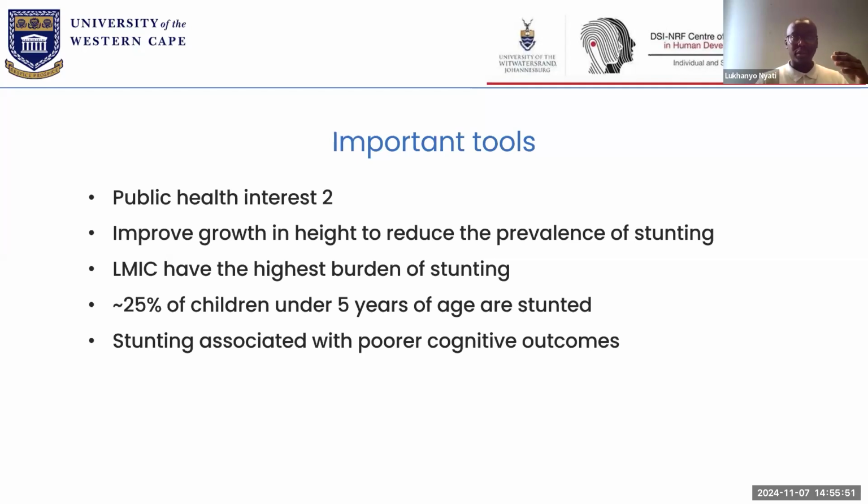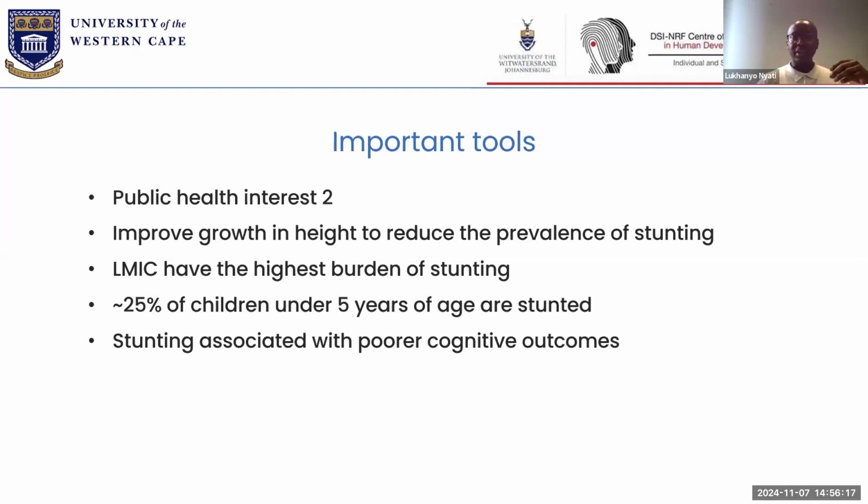And regions like sub-Saharan Africa, for example, have struggled to reduce the prevalence of stunting, which has remained at around 40% over the past few decades. Whereas in other regions of the world, they have been successful in reducing the prevalence of stunting.